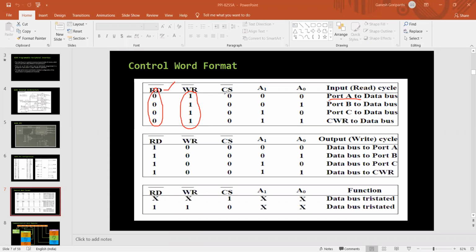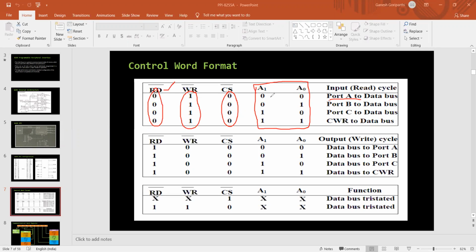In order to select the chip, the CS bar should be equal to 0. And as I told you in the last class, these two signals decide the port on which this read operation is performed.